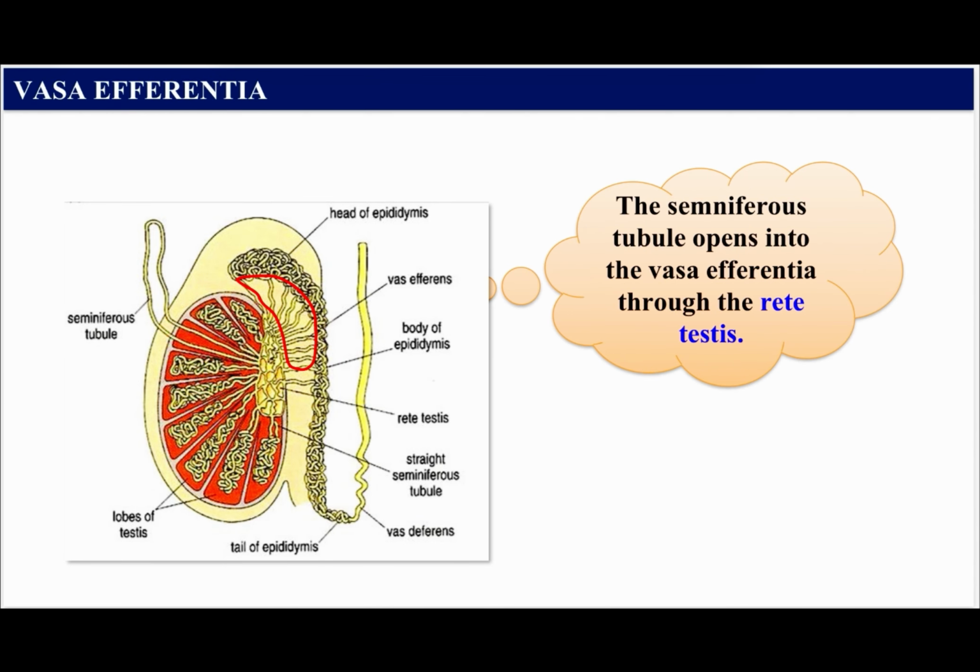Now, Vasa Efferentia. See, this is the Vasa Efferentia or the Vas Efferensis. The seminiferous tubule connects with the Vasa Efferentia via the Rete Testis. Already we have learned this in the previous slide, so it is written here. The seminiferous tubule opens into the Vasa Efferentia through the Rete Testis.